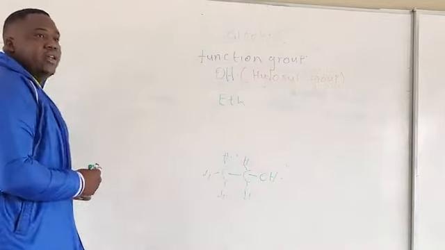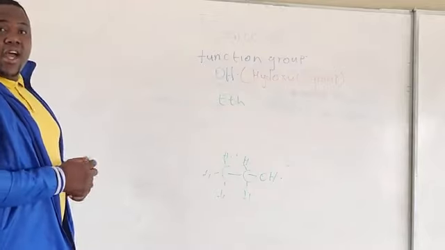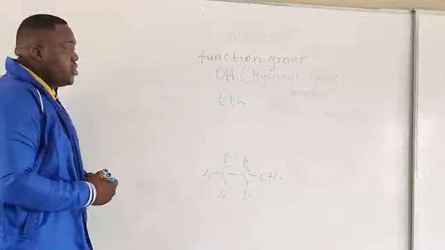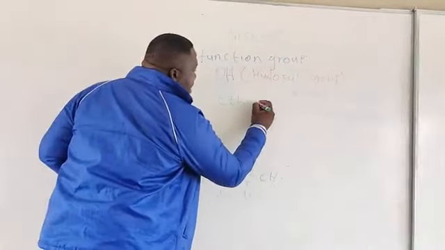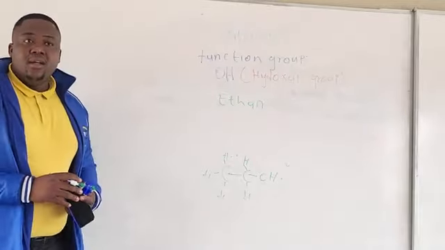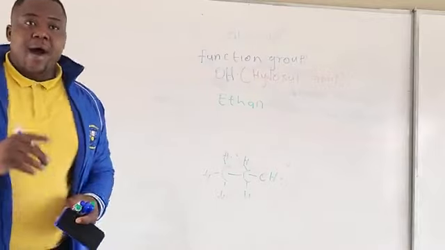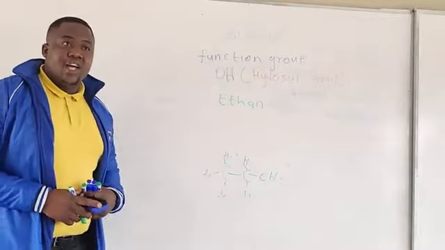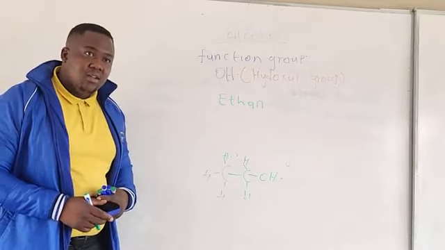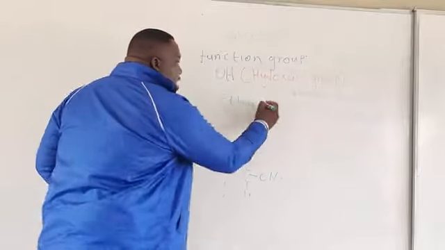I told you that we add "an" to the longest carbon chain name, so this one is going to become ethane. But I told you that the suffix of alcohol is "ol." So it means this one we are going to call ethanol.